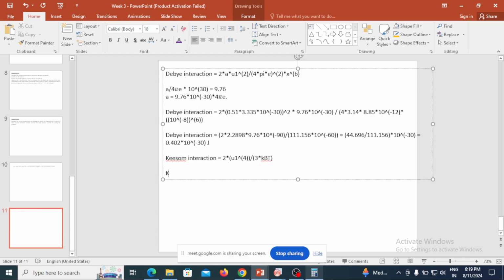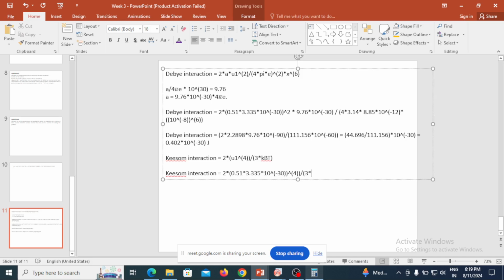So this will be quite a simpler calculation. Keesom interaction is equal to 2 times (mu1) to the power 4, where mu1 is 0.51 times 3.335 times 10 to the power minus 30. Since mu is given in Debye units, I am converting it to SI units. This is entirely to the power 4, divided by 3 times kBT. k is Boltzmann's constant.